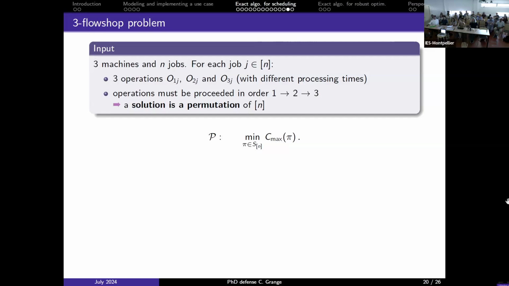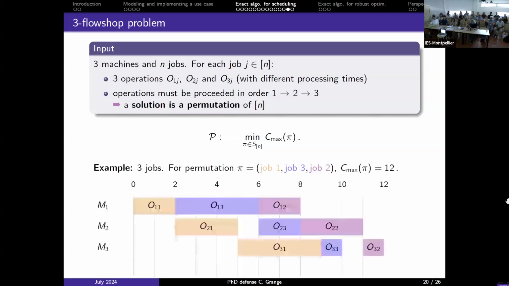Each operation must be processed on just the machine whose number it represents. And what is important here is that each operation must be processed in this order. So a job must be processed on machine 1, then machine 2, and then machine 3. So this constraint results in the fact that a solution is a permutation of n.